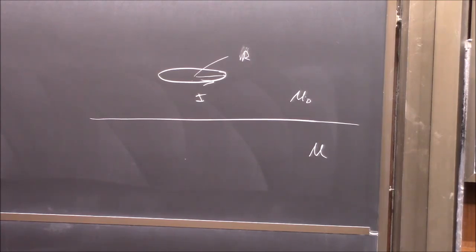We expect that we'll need an image current, probably the same distance below the plane as the original one is above, because we have to be able to match the boundary conditions everywhere on the plane. And that's not going to work unless it's the same distance below as the other one was above. For the same reason it wouldn't work for the dielectric case.